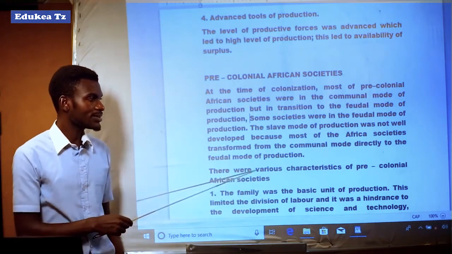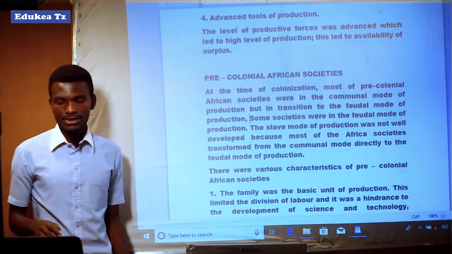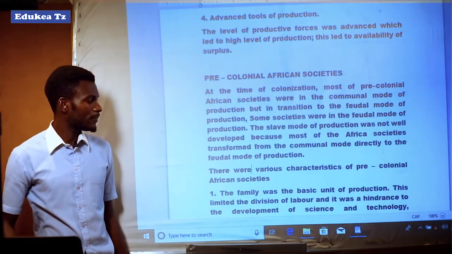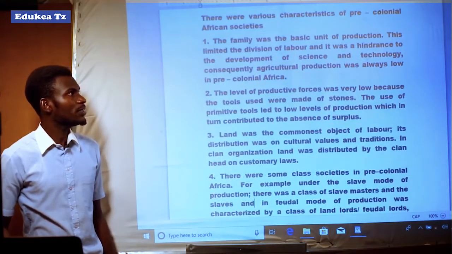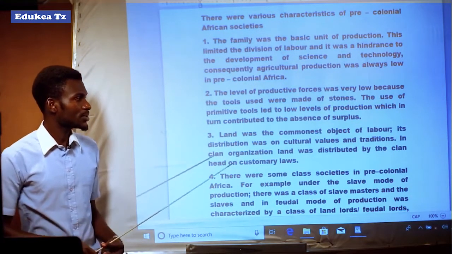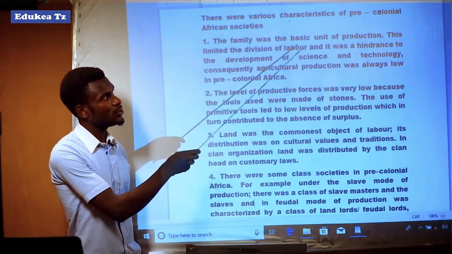There were various characteristics of pre-colonial African societies. Let us see the features or characteristics of pre-colonial African societies. The first one: the family was the basic unit of production.